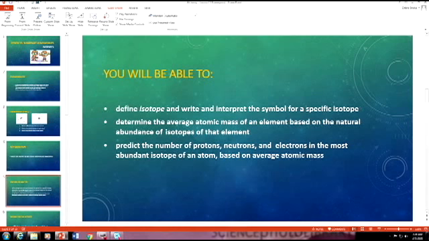And while that sounds pretty confusing right now, natural abundance means how much is out there in nature. So there's more of one form of lithium out there in nature than the other. There happens to be more lithium 7 than lithium 6. And the last thing is we're going to predict the number of protons, neutrons, and electrons in the most abundant isotope of an atom based on average atomic mass.